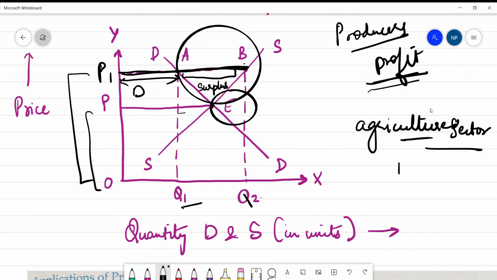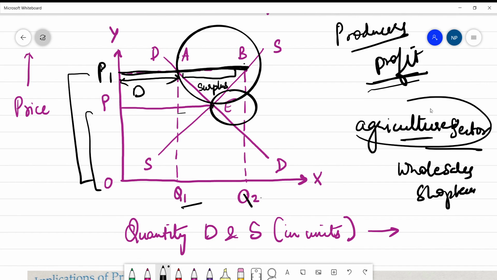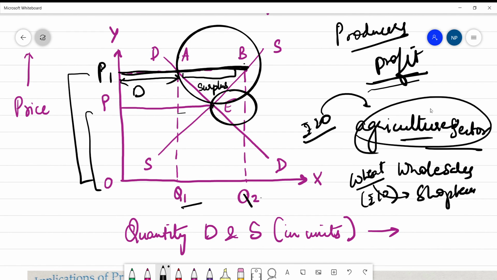What do the wholesalers or the shopkeepers do? They buy the agricultural produce. Suppose wheat is to be bought by a particular shopkeeper, he will buy it at a very low rate, say rupees 10, but actually the rate is set by the government at rupees 20, so that these poor people who are employed in agriculture are able to earn a little bit of profit.